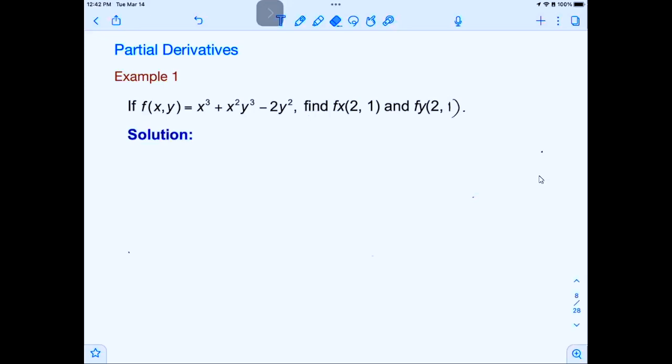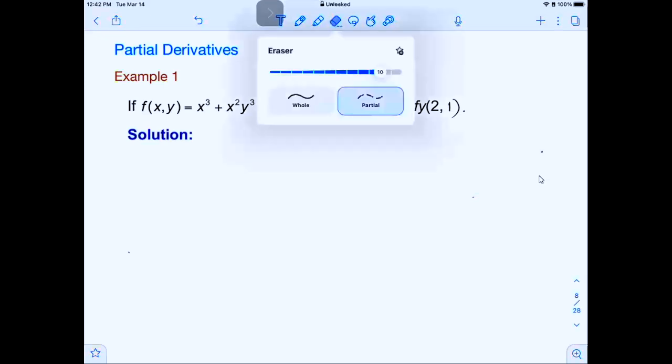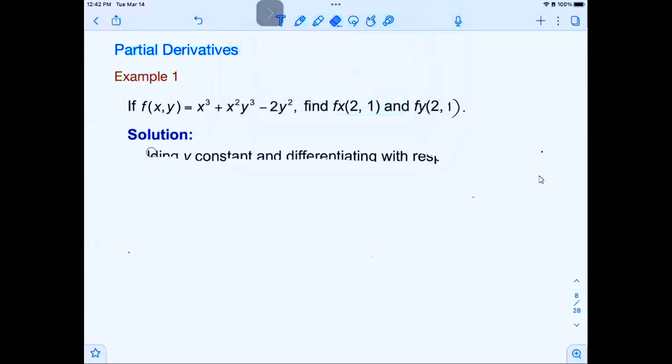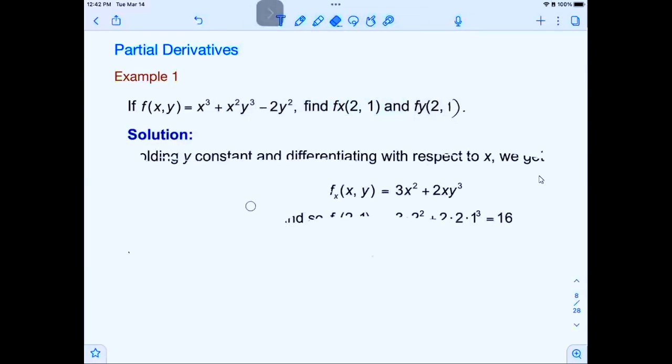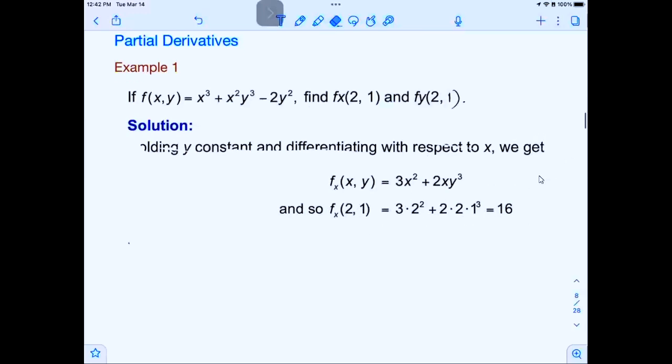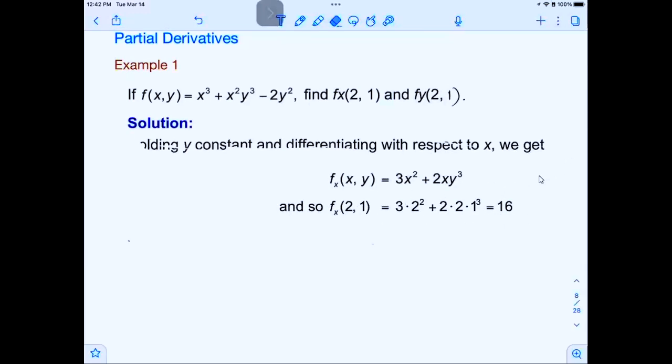Let's see. All right. Yeah, that's 16. Okay. Now, can you guys finish this by doing the partial derivative function with respect to y? You guys can tell me, what's the partial derivative function with respect to y?